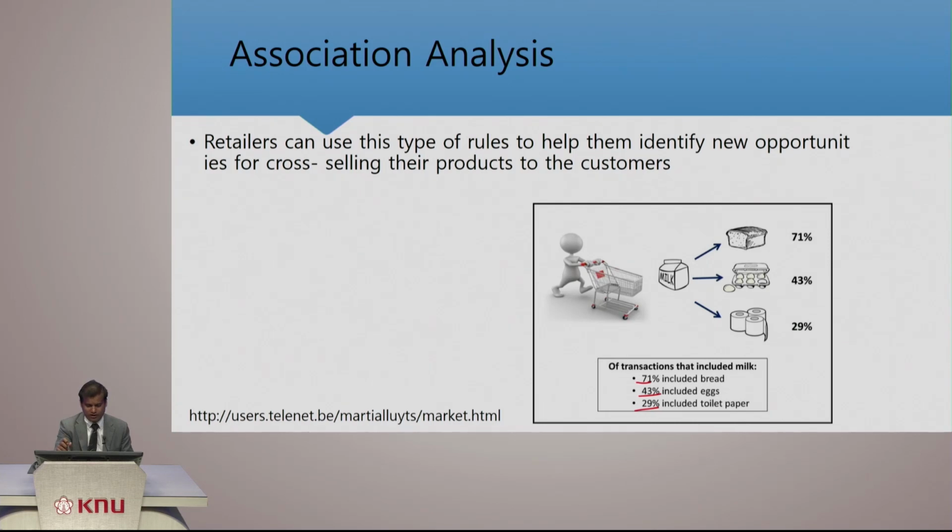So what the retailers sometimes do is place bread and milk quite close together, so that it's easy for the person to pick up the bread or milk and then take the other product right away. The same is true with eggs as well.